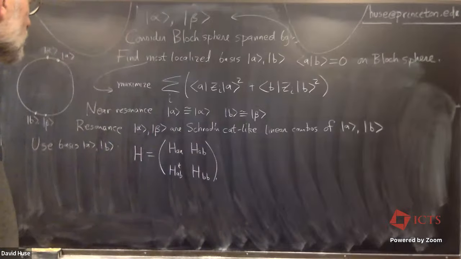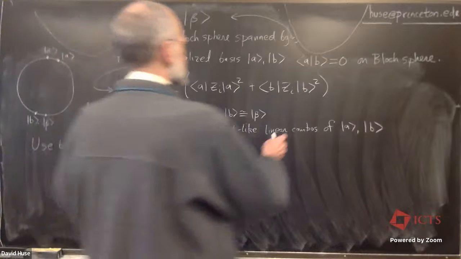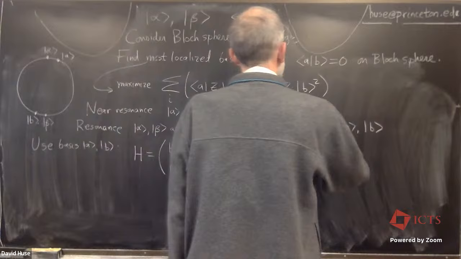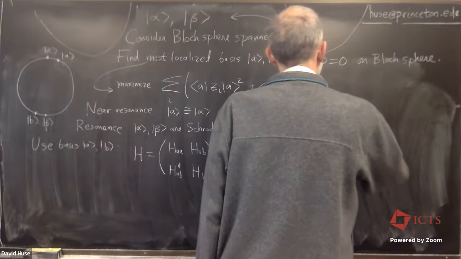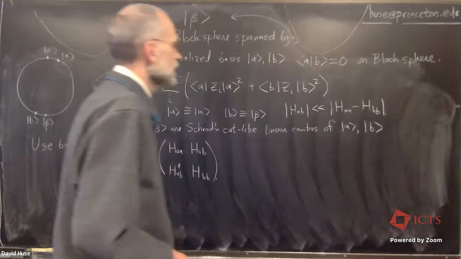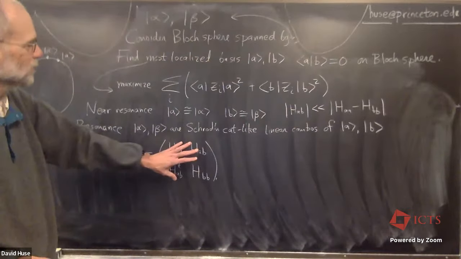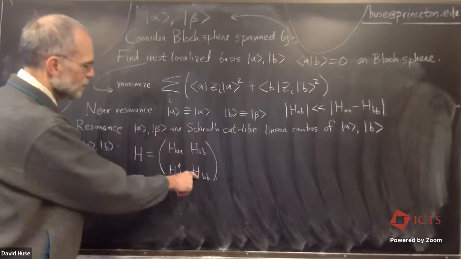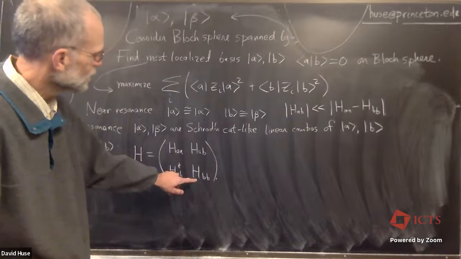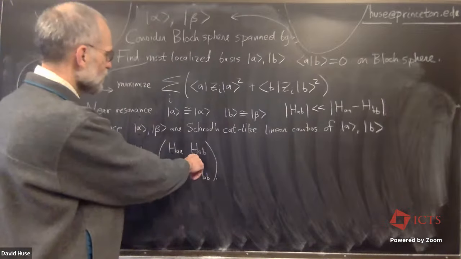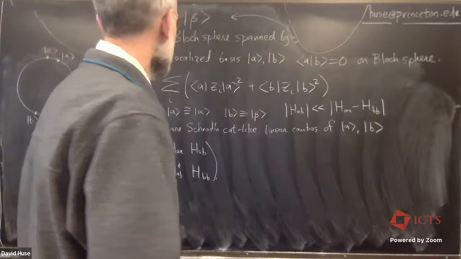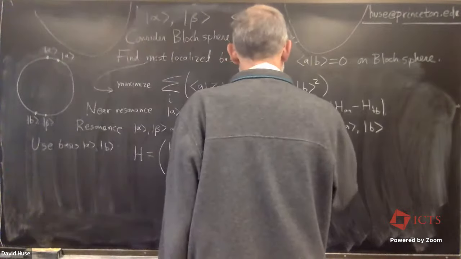And then the near resonance is the case when HAB is much less than HAA minus HBB. If that's true, then the eigenstates are basically just set by the diagonal elements, very close to EA and very close to EB, and HAB is a small perturbation.